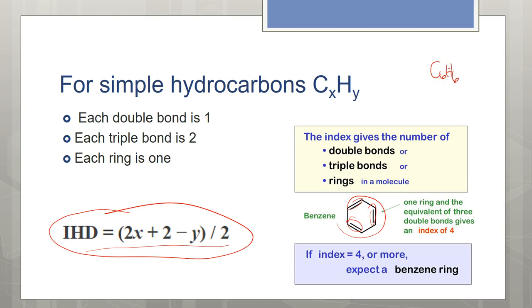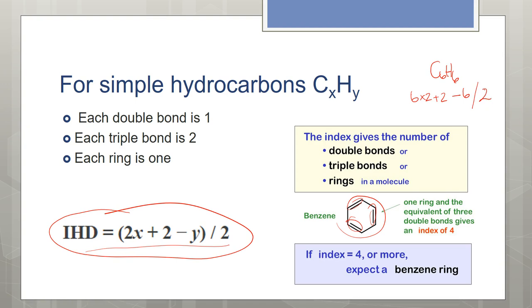So if we have 6 times 2 plus 2 minus 6, we get 12, this is 14, minus 6 is 8, and then we divide all of that by 2, and we get 4 as well.